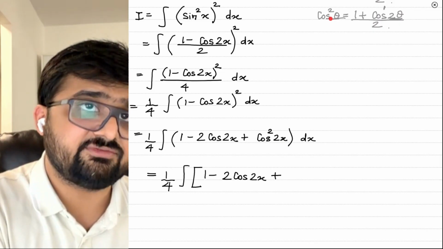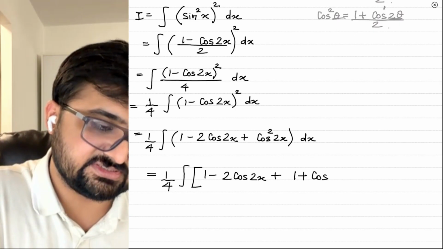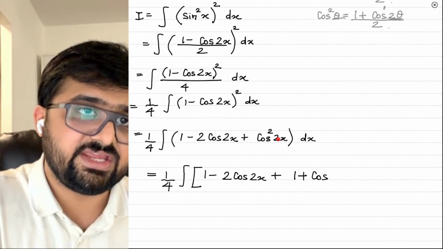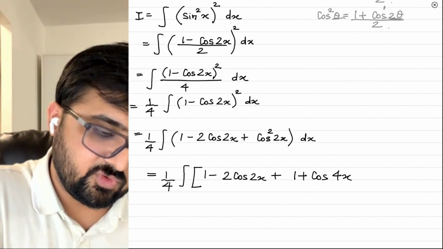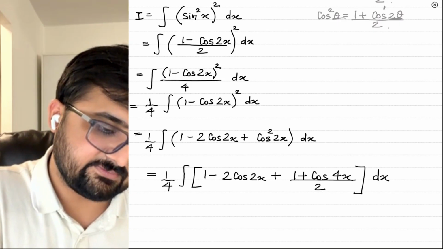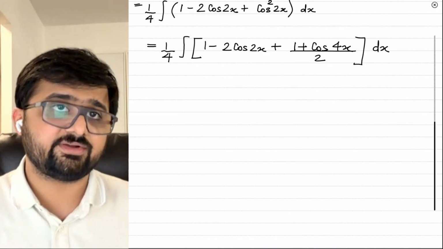We can convert that using this formula. So I get 1 plus cos, the angle becomes double, so that 2x will become 4x, and divide by 2, dx. All right. I hope that makes sense so far.